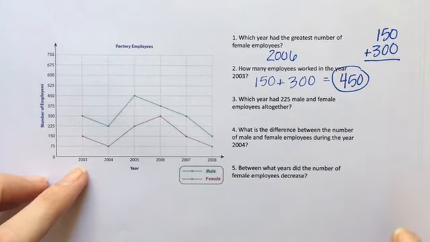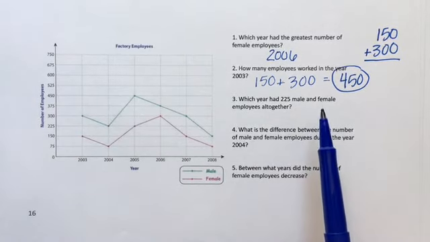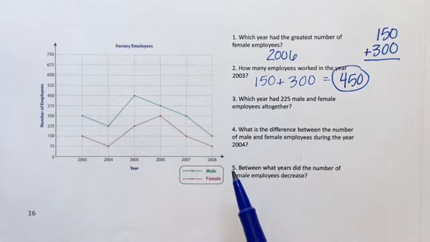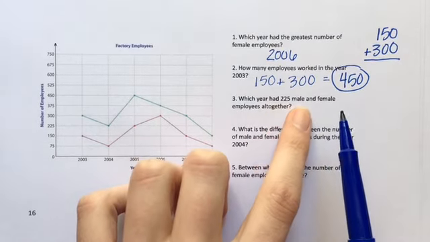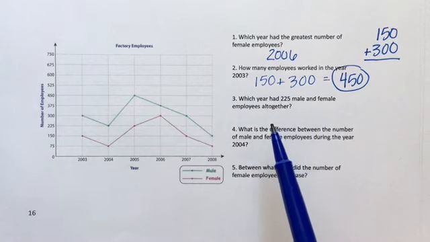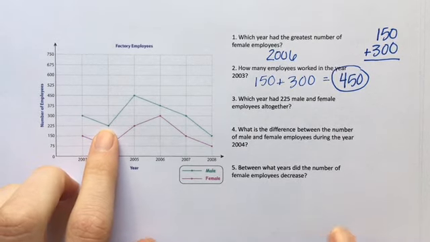Now, we could go through and add all of these up, or we could kind of use some estimation here or some knowledge we can see. So first of all, 225 total. So let me ask you this. If there's more than 225 males, can we automatically know there's no way that that would work to total males and females to 225? Yeah, so here we see there's already 225 males.